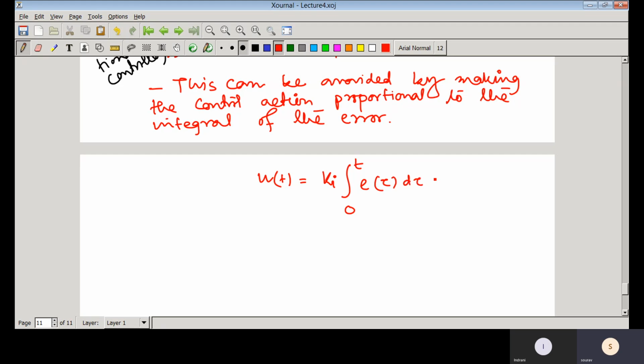Here this is the error signal, and this Ki is called the integral control gain.